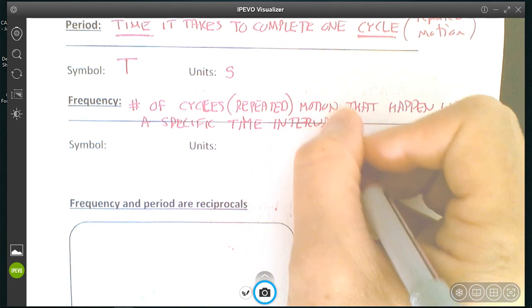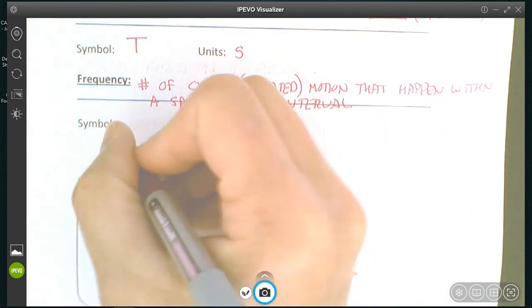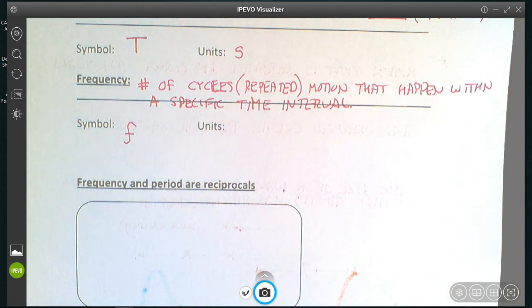You've all probably heard the word frequency, just had no idea what it really was. Symbol, an f like that for frequency.